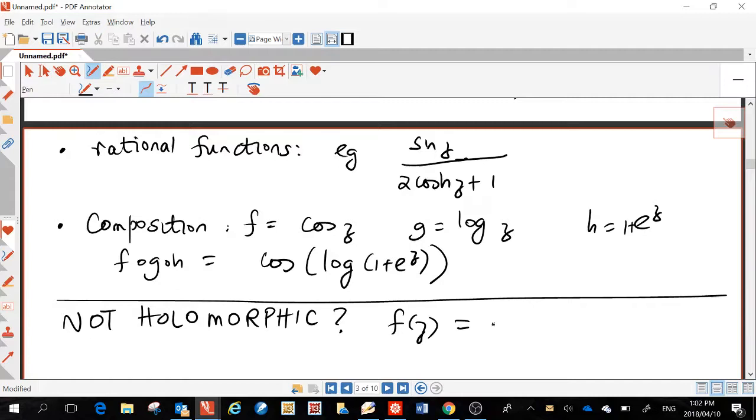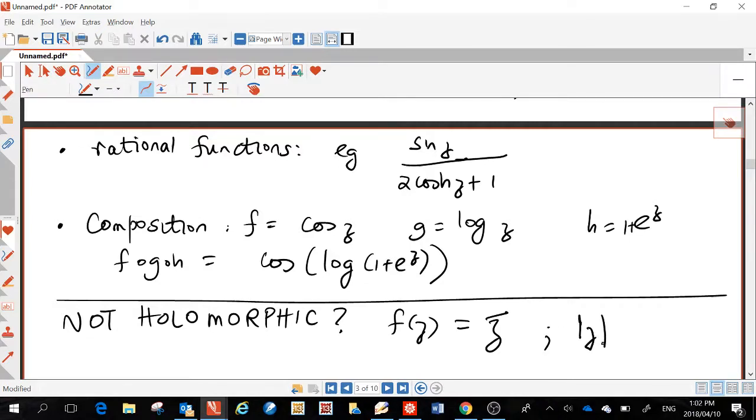And the other one is bar z. I must have said that 20 times in the course of these lectures. Bar z and mod z. If you see that in combination with anything, it's not going to be holomorphic. Other than that, all these guys here are going to be holomorphic.